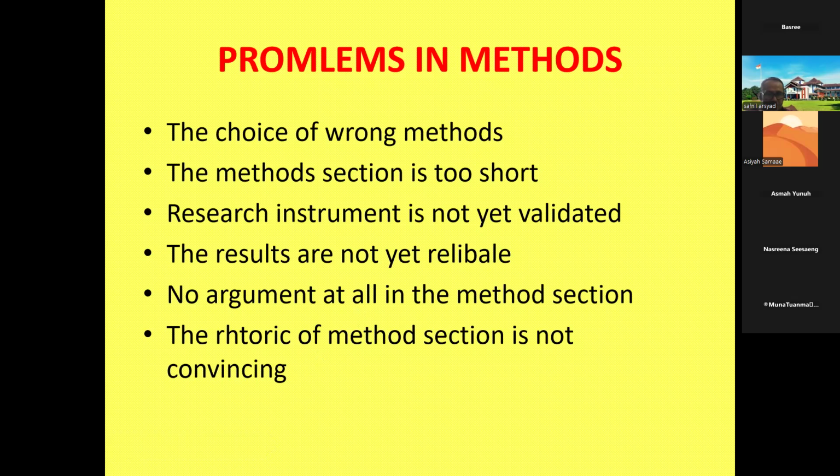The rhetoric of the method section is not convincing. For example, your research method is too short, or you forget to include what your research instrument is, how you will collect your data, how you will analyze your data. The method section is not convincing because it is too short, or you only focus on one aspect of the method, for example, just the approach or the design.